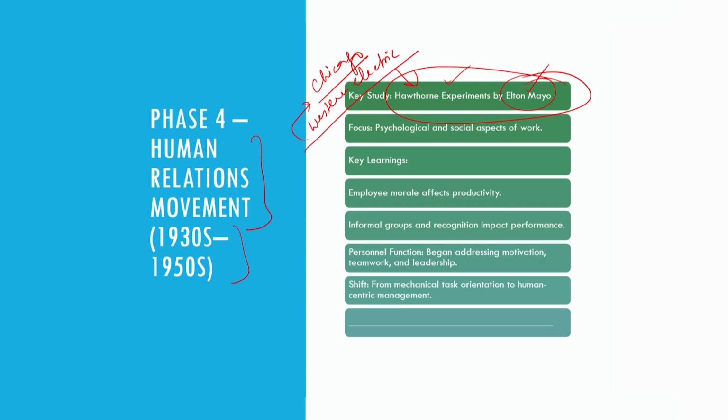What surprised Elton Mayo and his team was that the productivity in the groups remained the same. They were surprised that it was not much affected even when the light was dim. They asked the workers what happened while the light was dim, how could they perform at that time? And they said that they were more focused on the fact that somebody was observing them, they were given attention, and this attention was more important than the light.